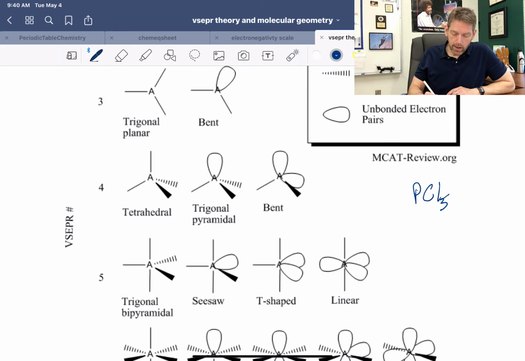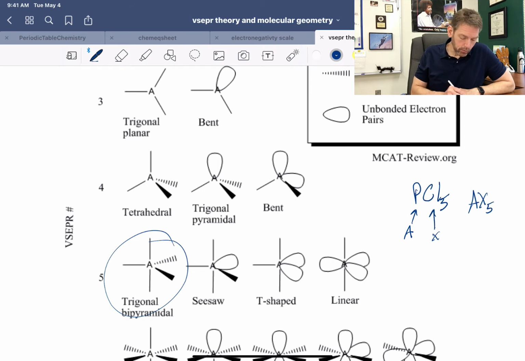So if you think about that, here is our A, and here is the X. So we're dealing with an AX5 formula type, right? Well, that's AX5 because there's a central atom, and then there's 1, 2, 3, 4, 5 regions of space, 5 domains around that central atom. So we know that that's going to be our geometry.